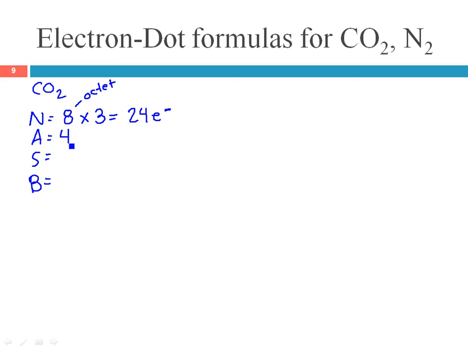We just have 1 of those. And we have oxygen, which is in group 6, and we have 2 oxygens. Okay, 24 minus 16 gives us 8 electrons, and we're going to have 4 bonds.